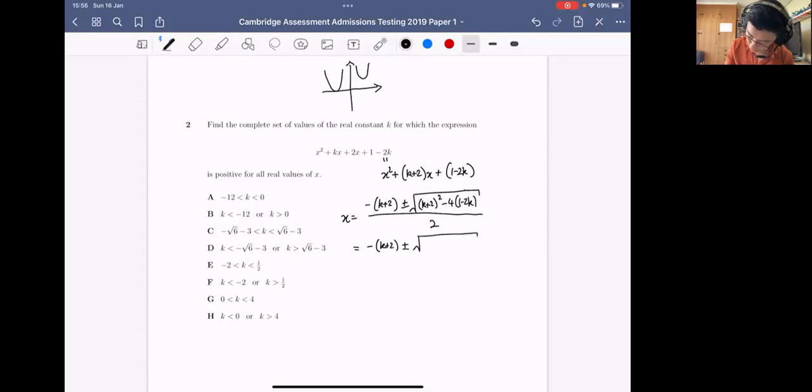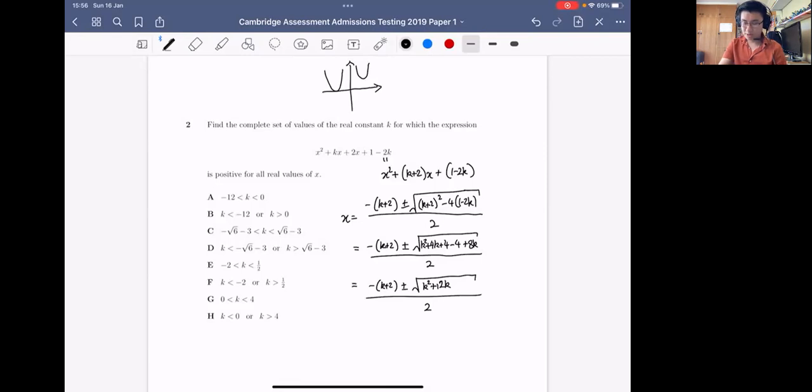I guess we expand what's inside here: k squared plus 4k plus 4 minus 4 plus 8k. I made a mistake here. This should be plus 8k, so that this is 12k.